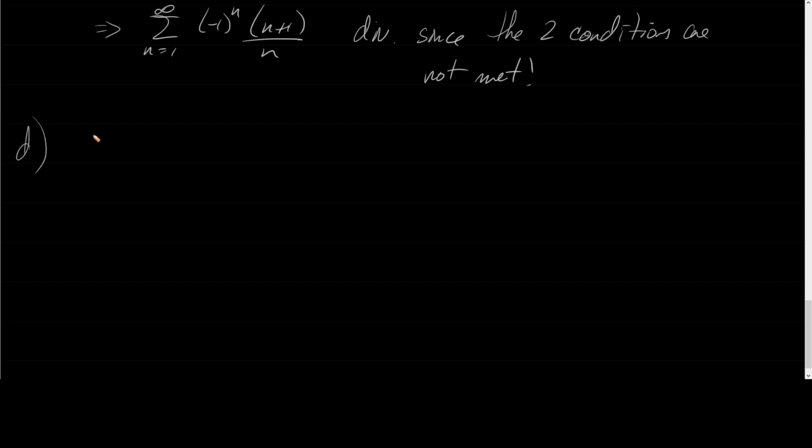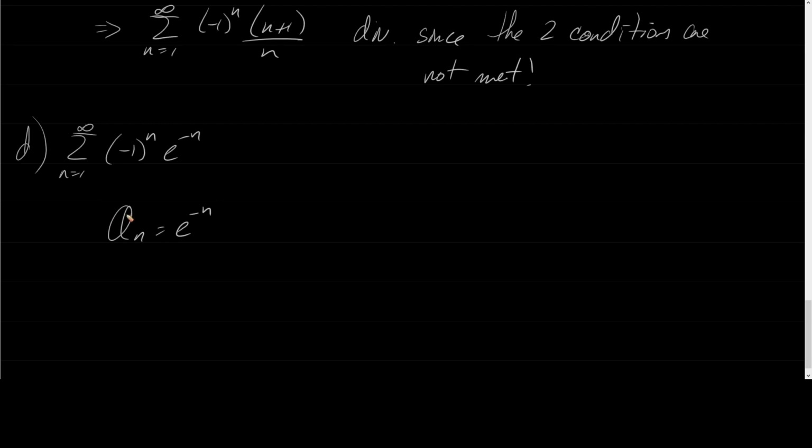Next one. Let's say that I have the series from 1 to infinity of (-1)^n times e^(-n). Let's see, what is our sequence here? Our sequence here is e^(-n). That (-1)^n is just what makes it an alternating series.